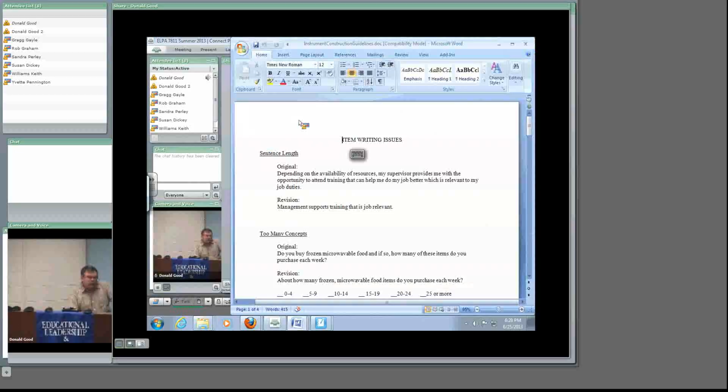So here's the sentence you're responding to: Depending on the availability of resources, my supervisor provides me with the opportunity to attend training that can help me do my job better, which is relative to my job duties. I got lost about halfway through that. What if I just say something like, management supports training that is job relevant? Shorter is better in this case.